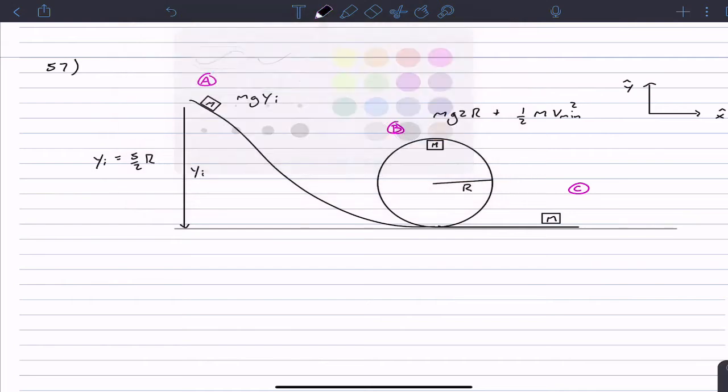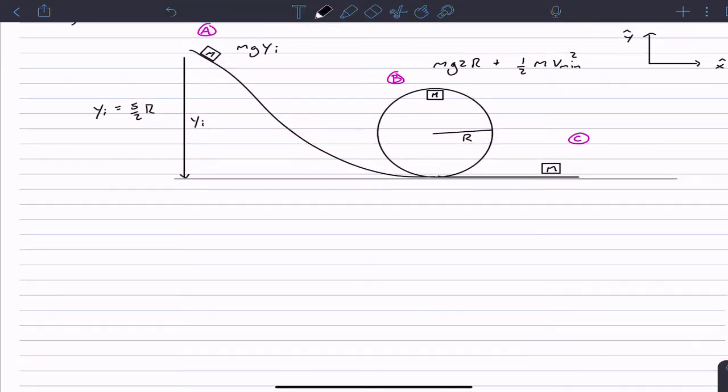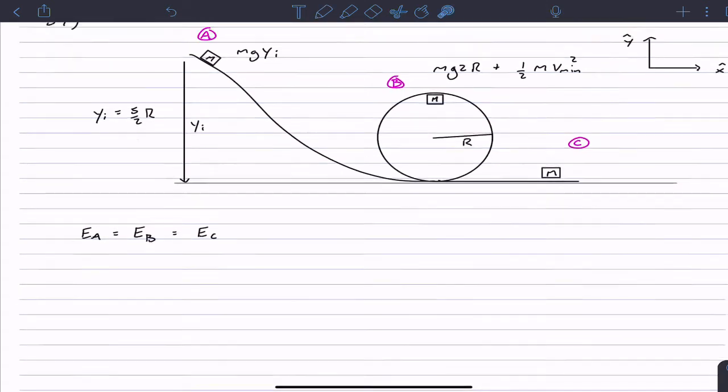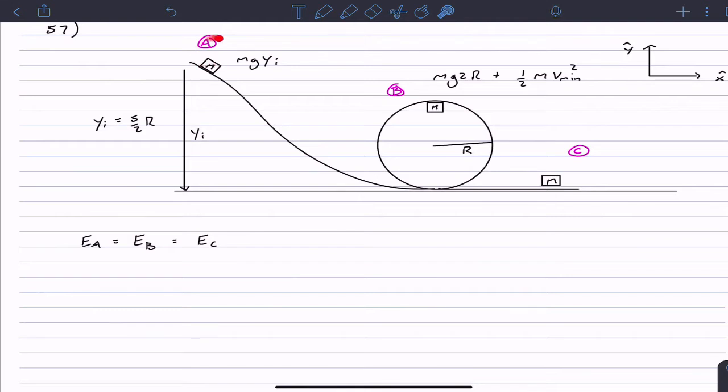Now we could go through the trouble. We could say, okay, we want to find energy A is equal to energy B is equal to energy C. But we can also just consider that we have an initial energy and a final energy over here, and we want to know what happens between here and here.